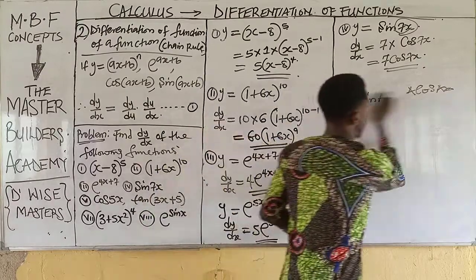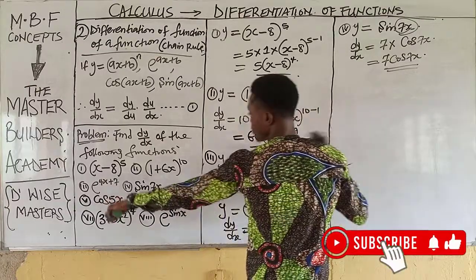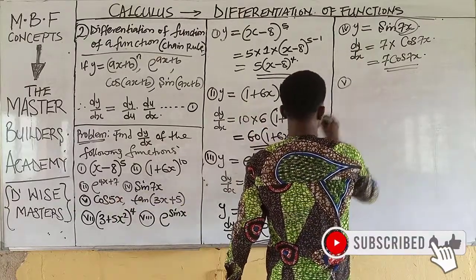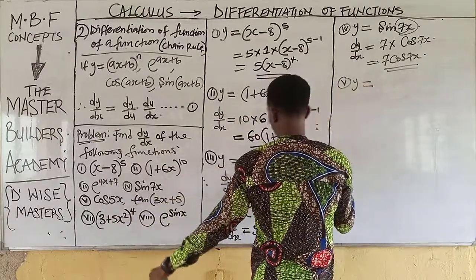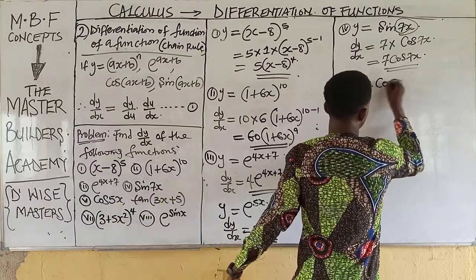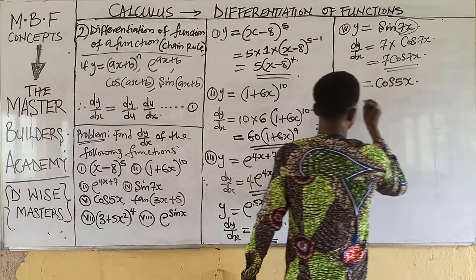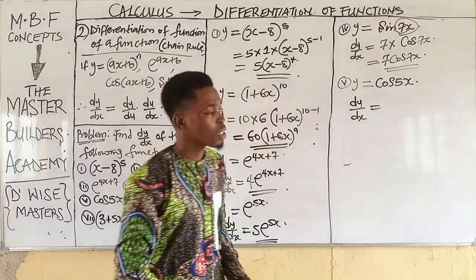Now, if this is understood, then we come to the next one, where we have question number 5. We have that y is equal to cos 5x. Now, dy over dx is equal to what?